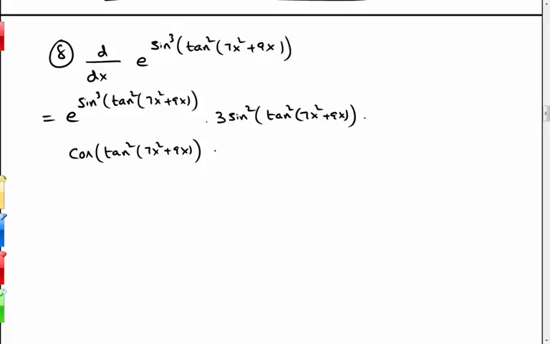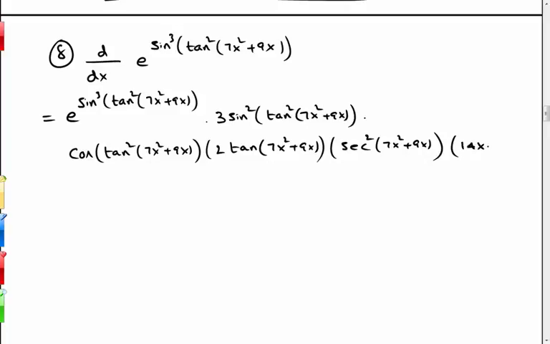Now the derivative of tangent square x should be times 2 tangent x, 2 tangent of 7x square plus 9x, because I had a tangent square. What else? Times secant square of 7x square plus 9x. Am I finally done?